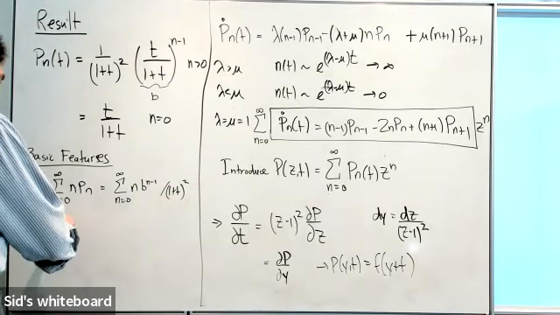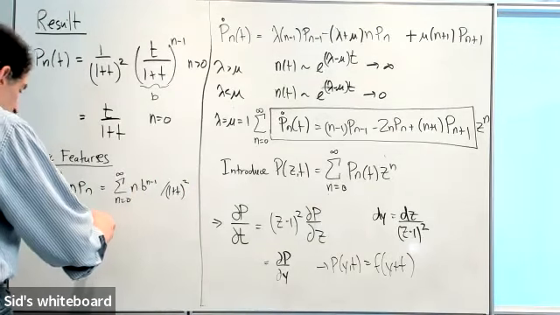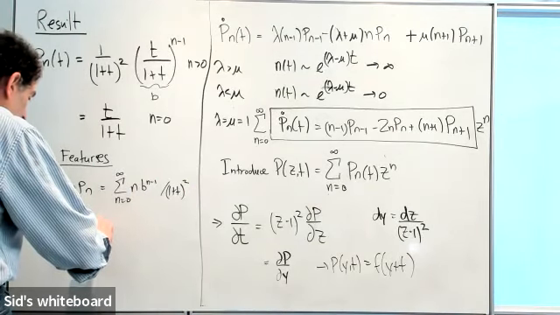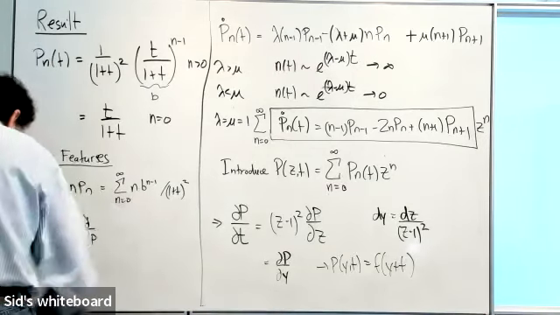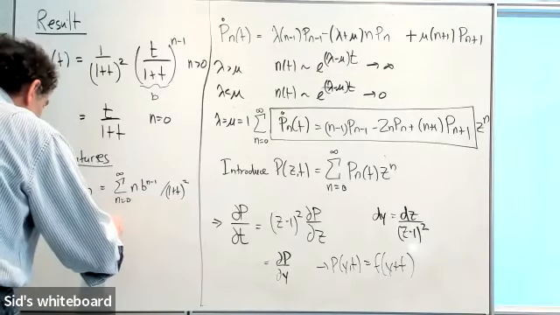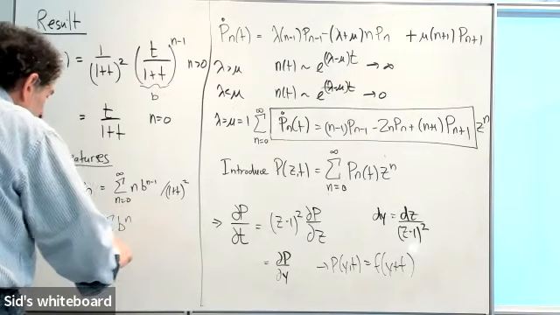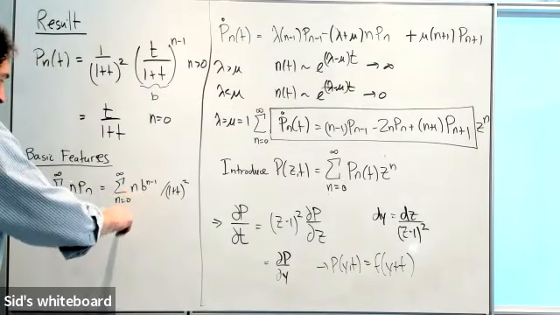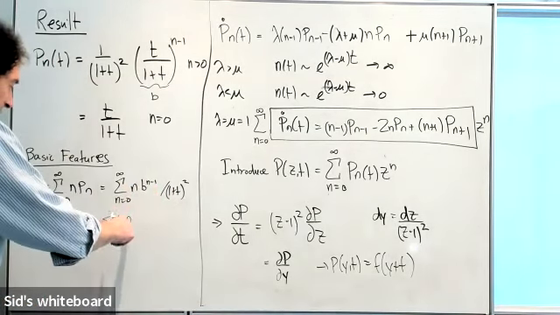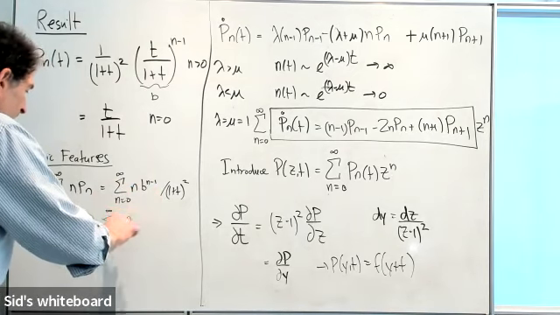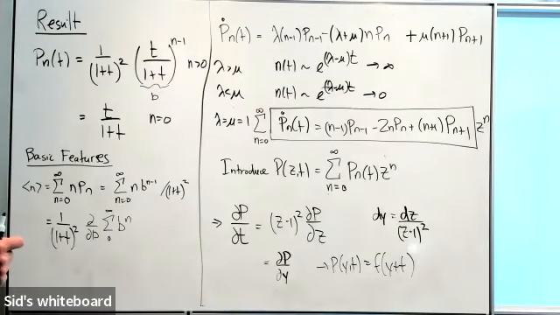So this is going to be 1 over 1 plus t all squared, and then this is nothing more than d by db of summation of b to the n. So when I differentiate with respect to b, I bring down a factor n, I have the same power as I wanted here. And so this summation is from 0 to infinity, this is 1 over 1 minus b. And then I take d by db of it, I get 1 over 1 minus b squared.